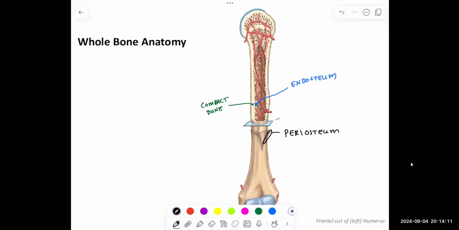Okay. Here, you will see that there's a unique layer of compact bone. Compact bone is found in this line here. This line is very important. This is the epiphyseal line. And what's interesting about this is where bone grows from.